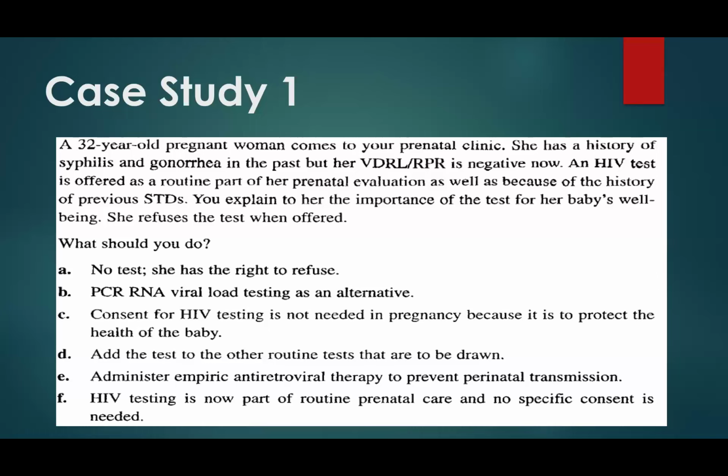E. Administer empiric antiretroviral therapy to prevent perinatal transmission. F. HIV testing is now part of routine perinatal care, and no specific consent is needed. What is the best thing to do? What is the most appropriate action in this case?